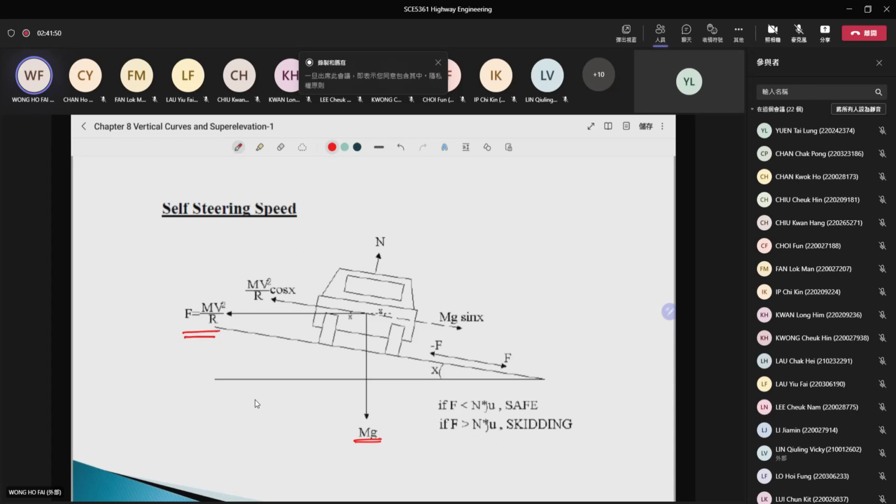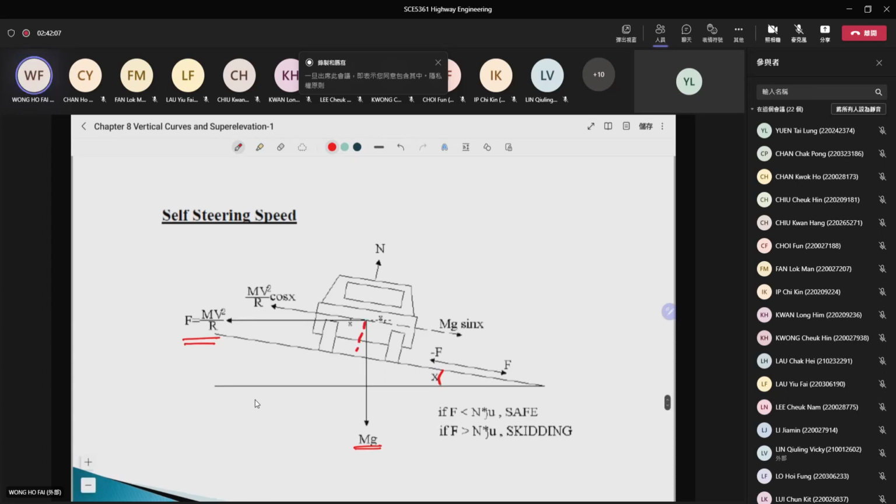In order to balance this force, actually, it depends on the so-called self weight when we consider there is no friction. Saying that this one, the gradient is equal to x. Then if you have the so-called component, consider this one is actually also x.